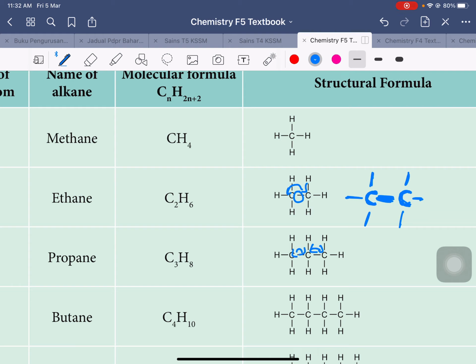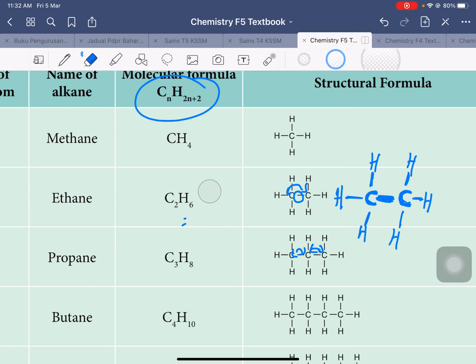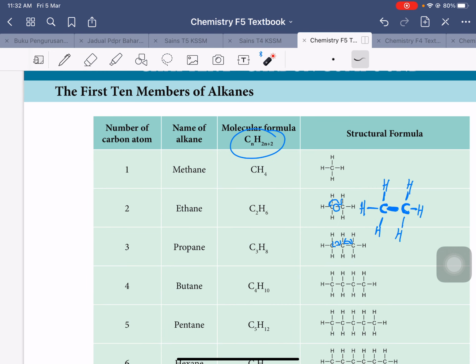So penuhkan, okay, fill in the blank bonds with H. Why H? Because that's what's in the general formula. Later you will see ada O lah. Okay, itu nantilah. So today we are focusing on alkane first. Okay, so the third member is propane, di mana dia punya number of carbon atoms adalah 3.